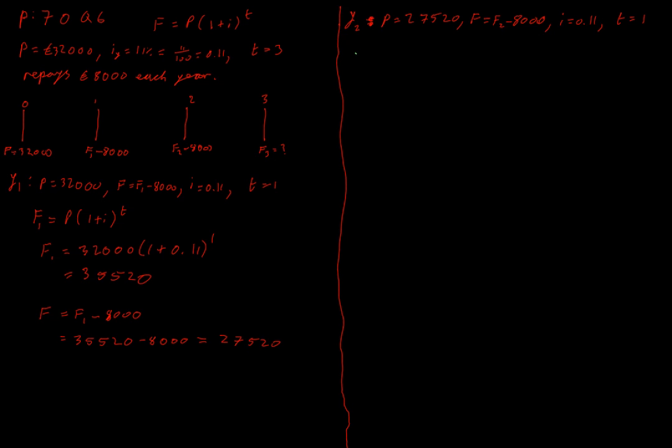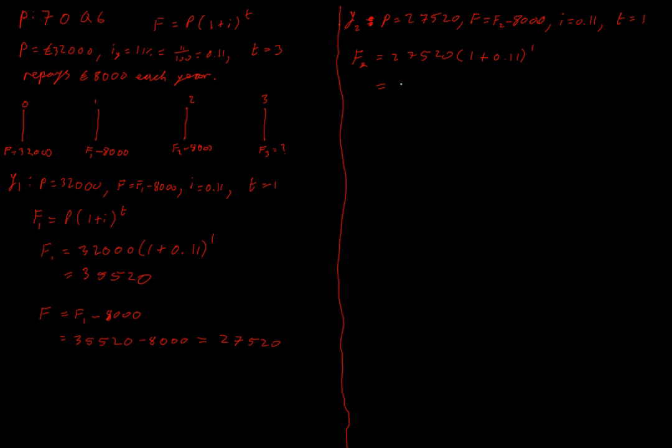And now we are going to sub in. We have F2 is equal to present value multiplied by 1 plus 0.11, our interest rate, to the power of 1. F2 I should have written there.